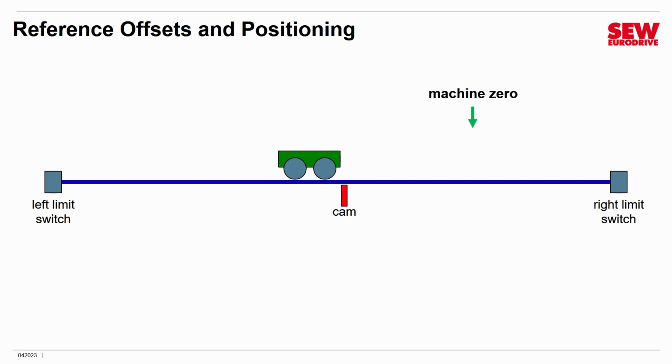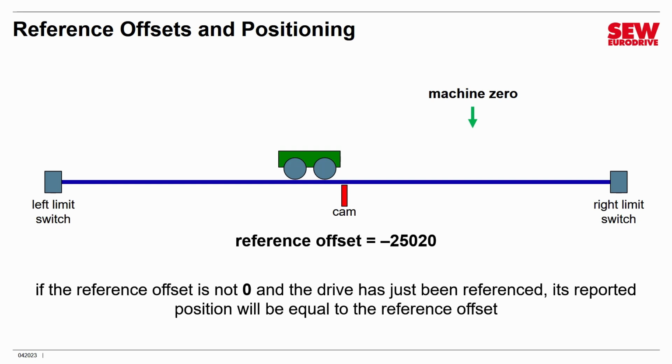But let's look at a case where there's a difference. Let's say we define machine zero over here and the cam's in the middle of the travel range. There's no reason it can't be set up this way, and some applications may find it easier to put the cam somewhere else. So what happens here? Well, let's say our reference offset is minus 25,020, and that is because the cam is counterclockwise with respect to zero. That's why it's minus.